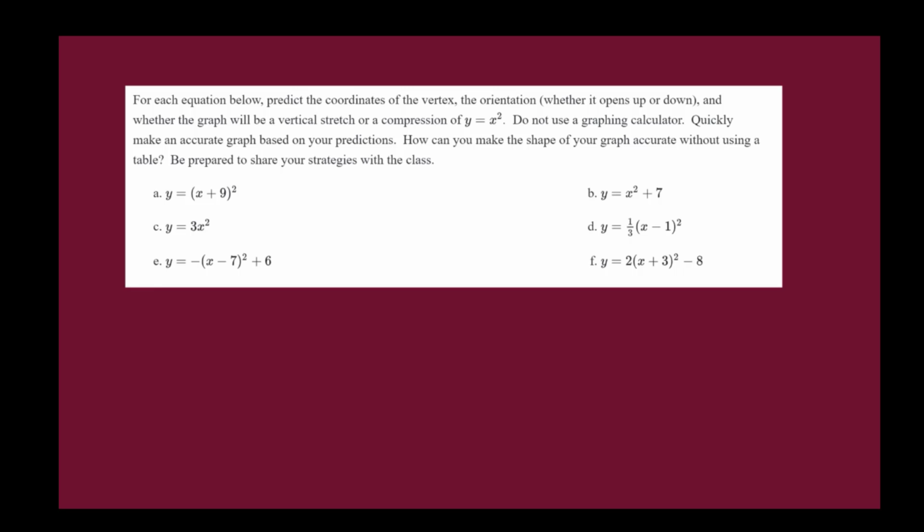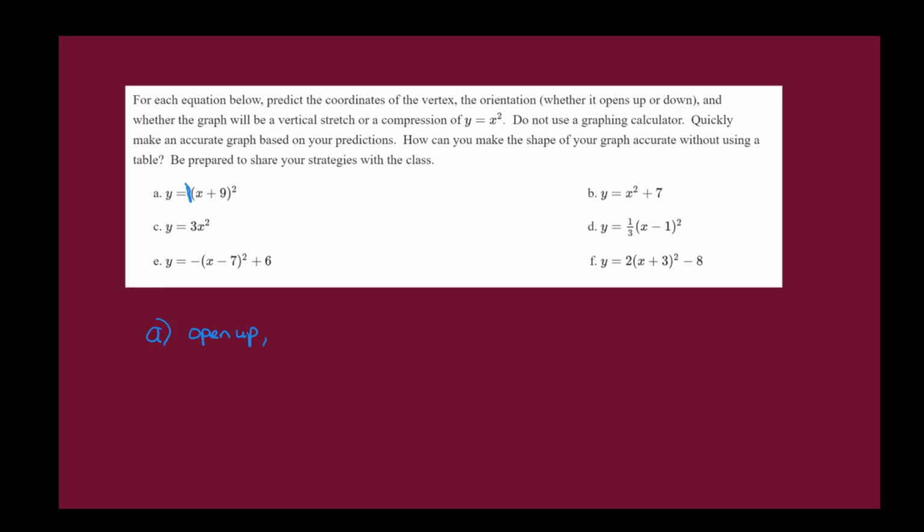Anyway, part A. I'm going to do a little bit of abbreviation on some of these. When I say part A, A is 1 on this one. So A is 1. It's pointing up, so it's going to open up.